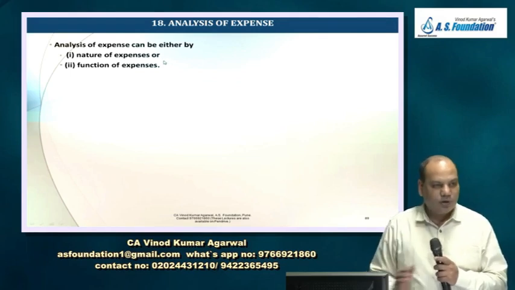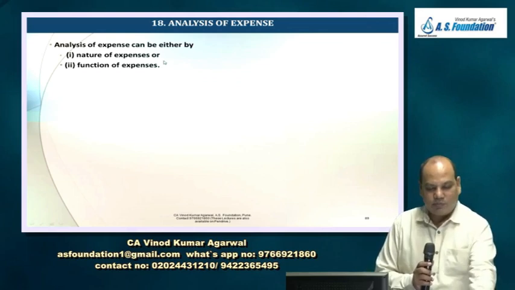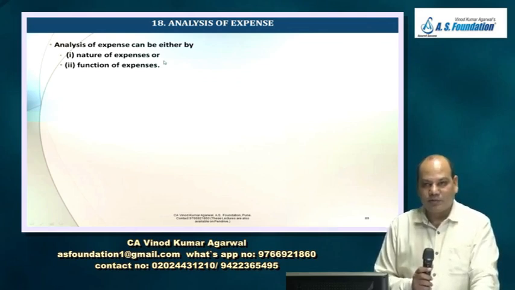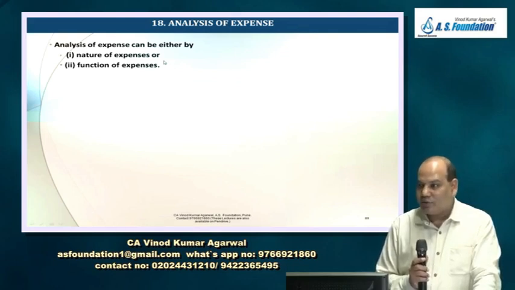I am going to give you the two presentations just briefly so that you will have an idea. If I am writing finance cost, employee benefit expense, what is that category? Nature or function? Nature. But if I am writing sales promotion expense, administration expense, personnel expense, distribution expense, what is that category?